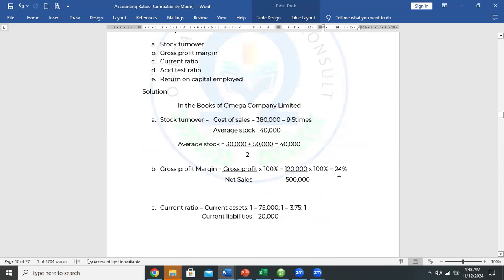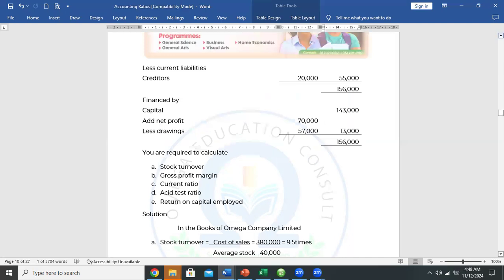So again, until you are comparing with another, you can't really make a judgment. So if you are comparing to say 30%, then the 30% is better than the 24% because we said the higher the better, right? Okay. The next ratio was the current ratio, which is your current assets divided by your current liabilities. So you will find these items on the face of the balance sheet. So you come to the balance sheet and you pick all your current assets. Fortunately, this examiner is very benevolent.